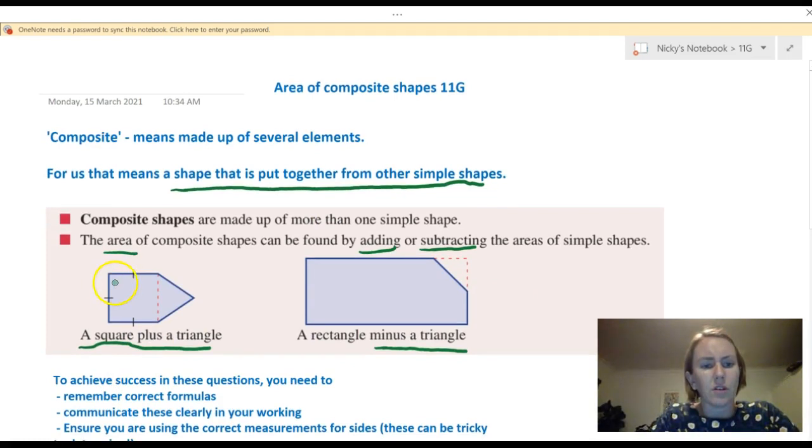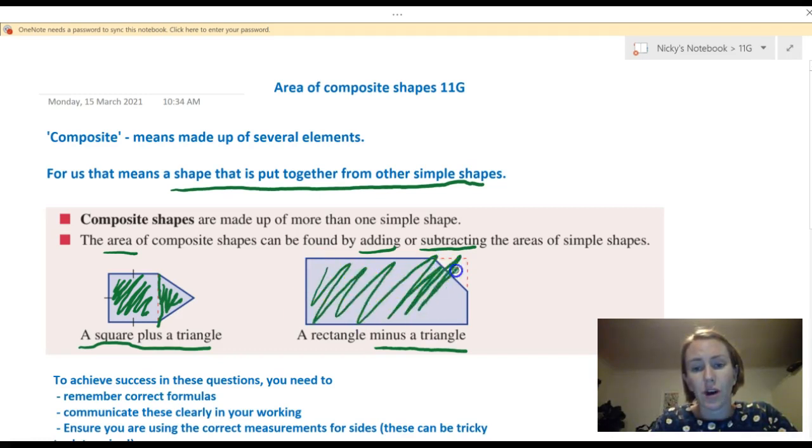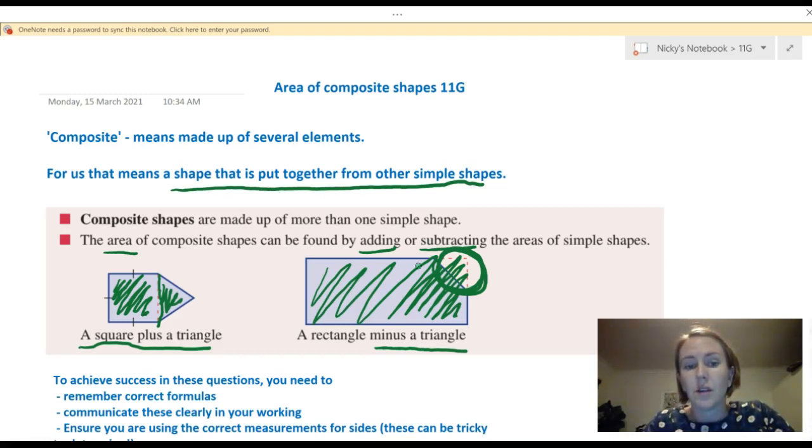Here we've got the area of a square with a triangle sort of stuck on the end of it. The easiest way to find this would be to find the area of the square first, and then find the area of the triangle, and then add them together. For this example, you could find the area of the entire rectangle, including the bit that's actually not there, and then find the area of that section, which is a triangle, and take it away from your area of the rectangle.